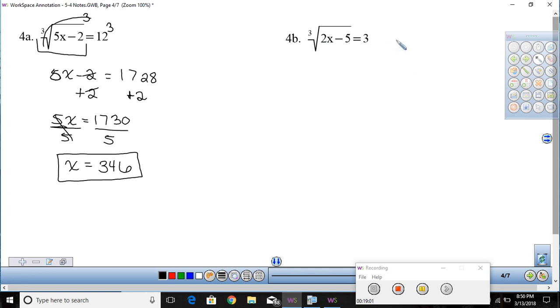All right, so if you look at the second equation we have here, there is nothing outside of your root on this side of the equation. So get rid of that root first. You have a cube root, so you will cube both sides. Cube and cube root cancel, so you have 2x minus 5 is equal to 3 cubed, which is 27. Then you're going to solve for x. So you've got to add 5.